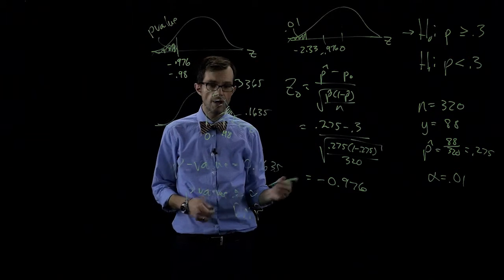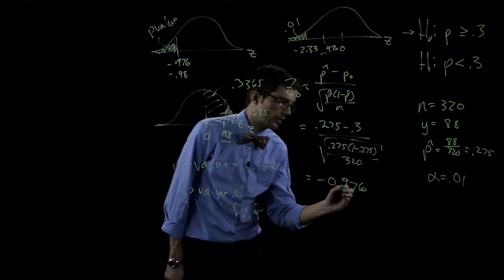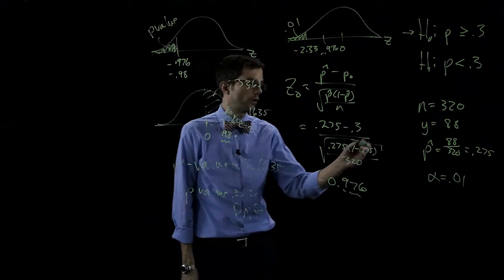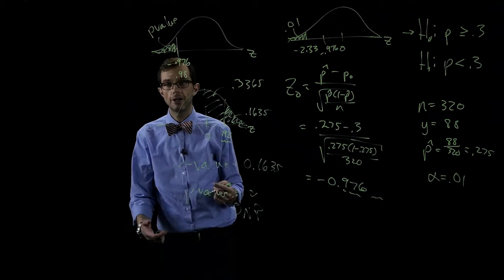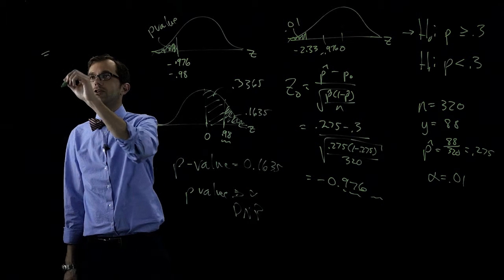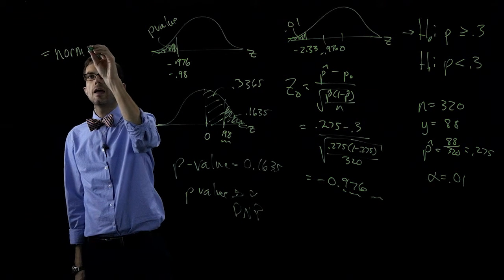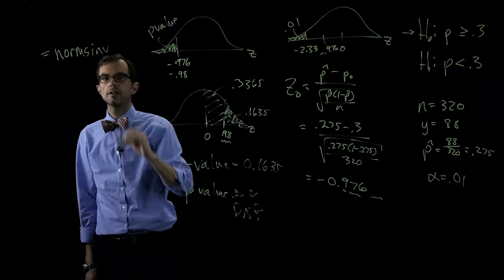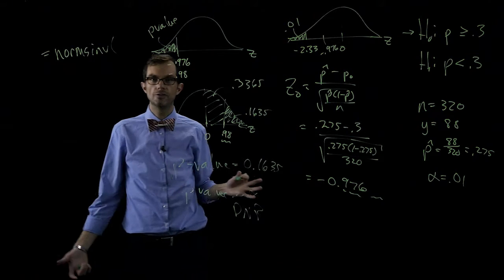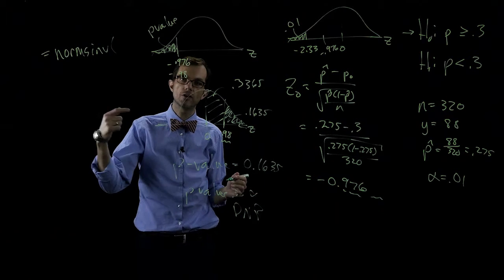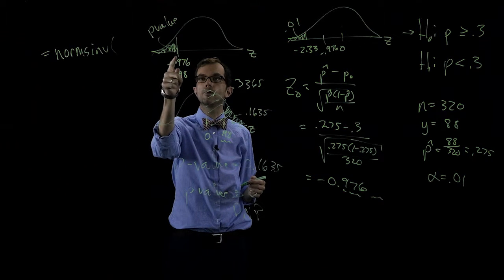If we did not like rounding to 0.98, if we really wanted to be even more specific with more decimal places here, we could use a value from Excel. We could use the NORM.S.DIST function in Excel. It reads in just a value of z, and it gives us the cumulative probability up to that value of z, which is actually describing what we want here.